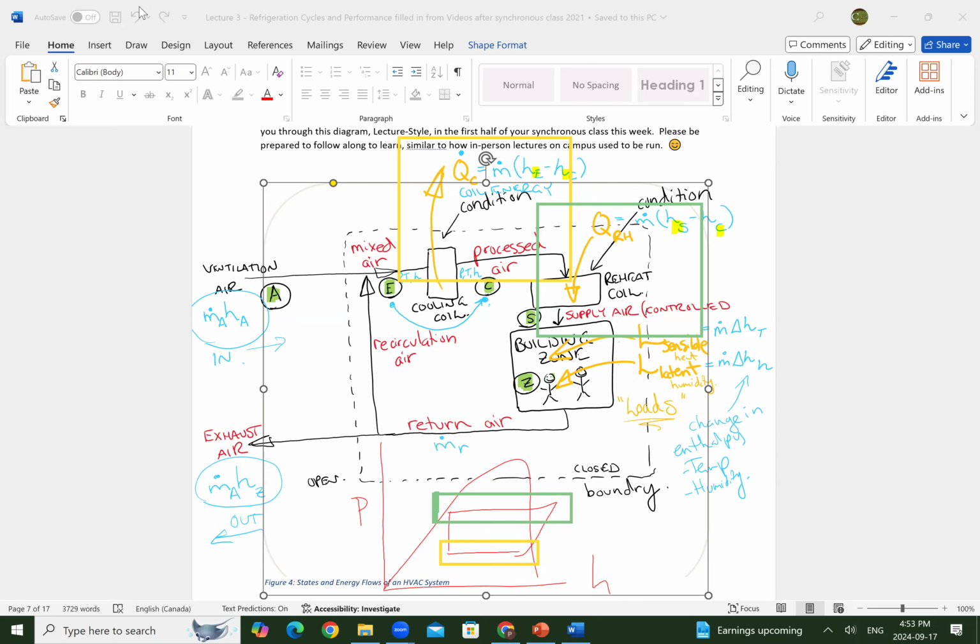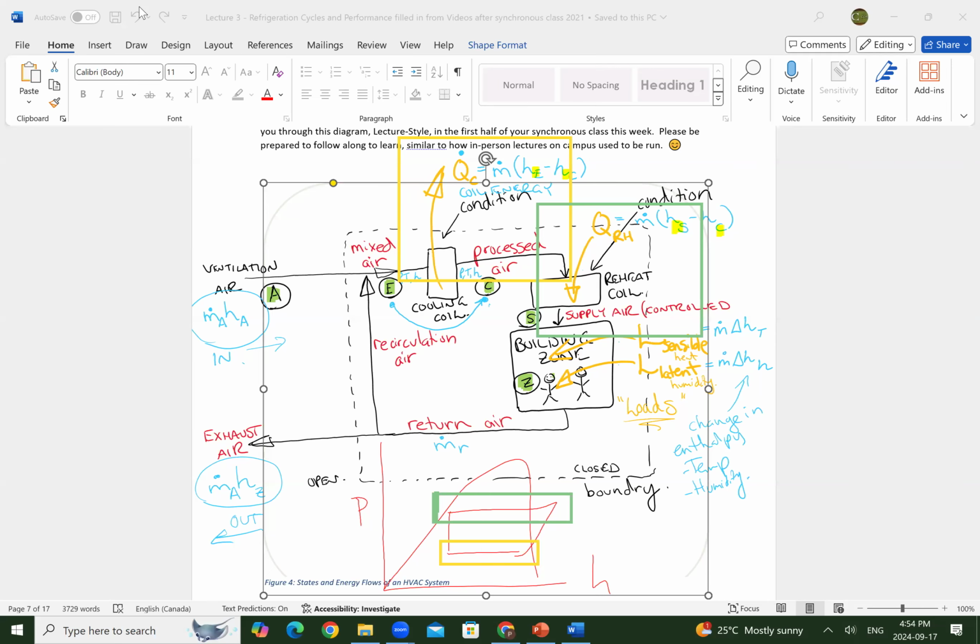They are giving off both heat and humidity, because these are people, right? So here's a happy person in here giving off heat and giving off humidity. And if they are giving off this heat and humidity, that means that it's a load. It is something that the system has to deal with.